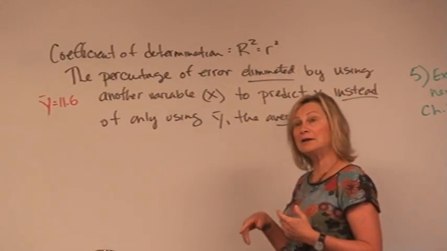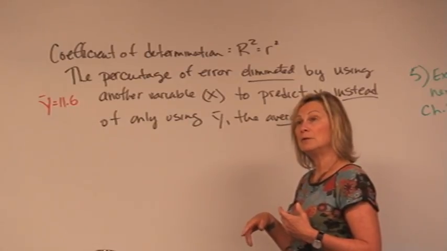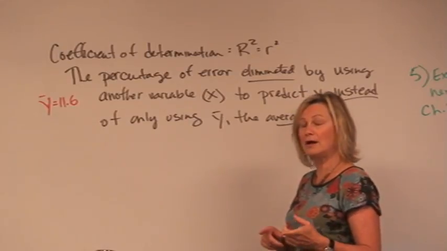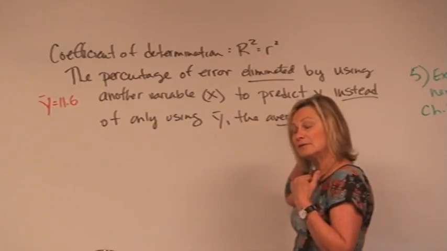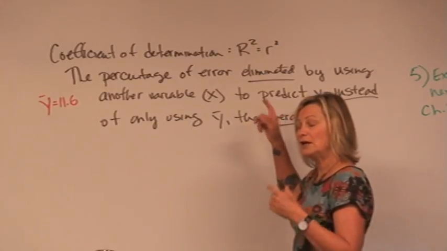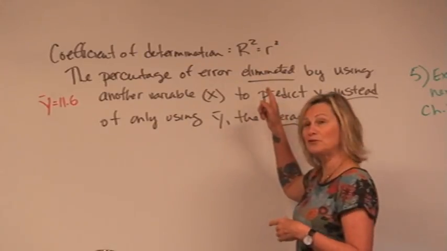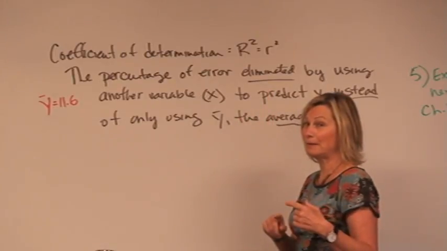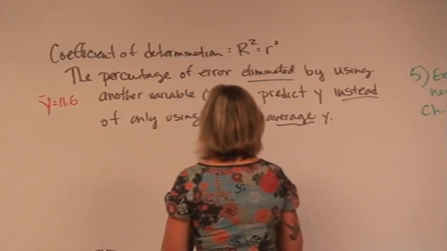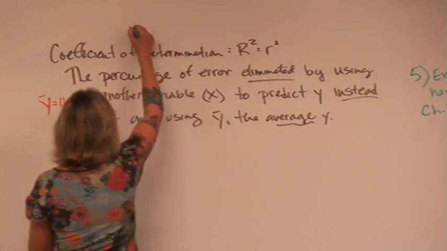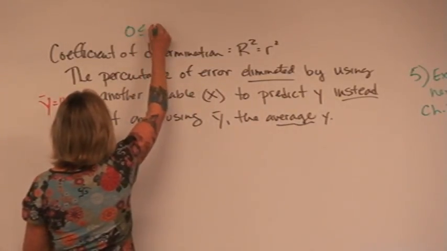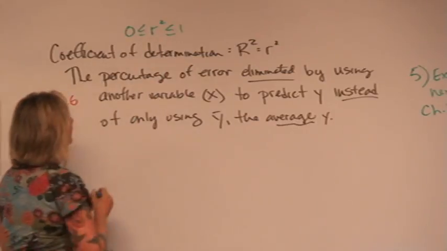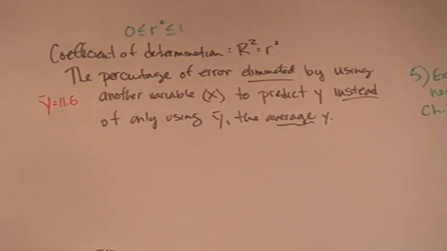So if you took r and squared it, you would get the coefficient of determination. If you took the square root of the coefficient of determination, you would end up with plus or minus r. The coefficient of determination is always a number between 0 and 1, again, because it's a percentage.